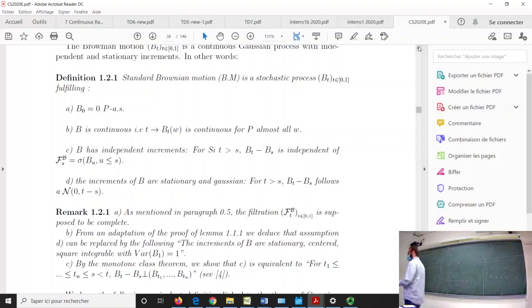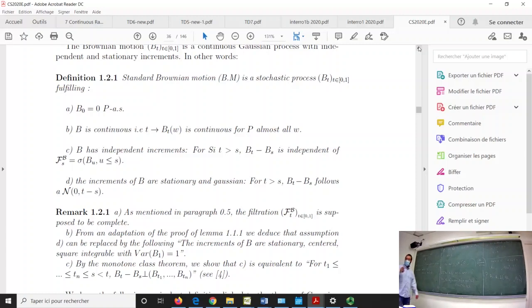Okay, and don't forget that I have a strong hypothesis that B is a Gaussian process. A hypothesis that I have used for the moment only one time, to find the distribution of Bt minus Bs. Okay? And why is it important to have in mind the fact that B is a Gaussian process?